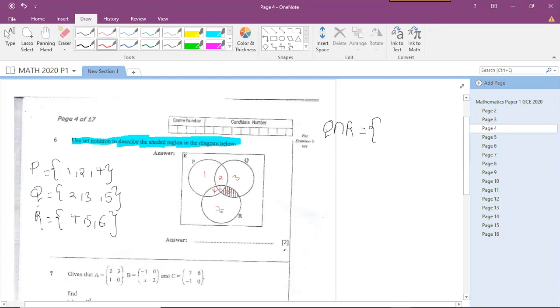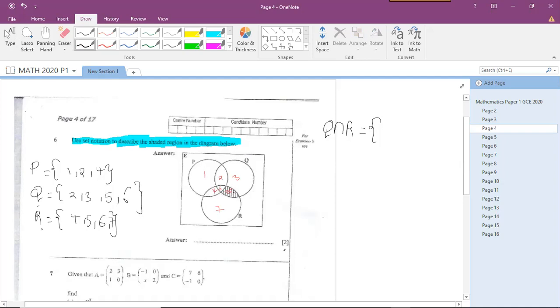And let's add 7 there. All right, so set Q becomes 2, 3, 5, and 6. And then set R becomes 4, 5, 6, and 7.